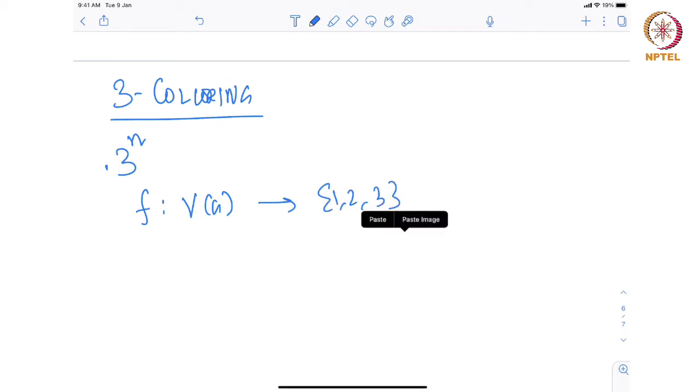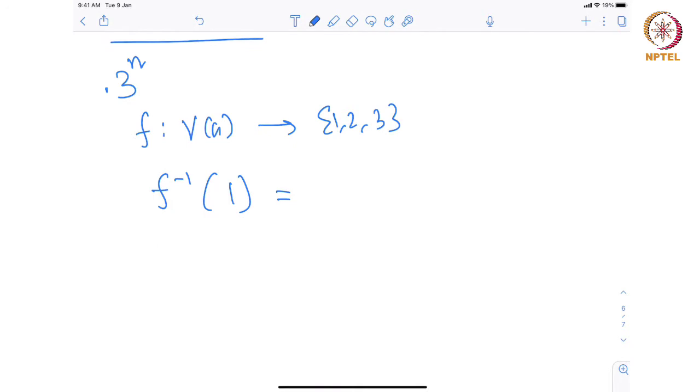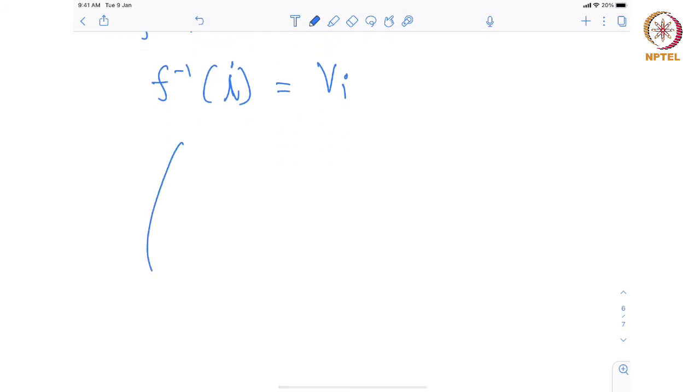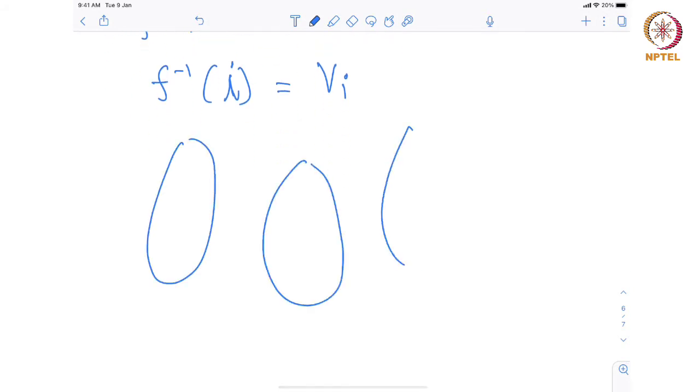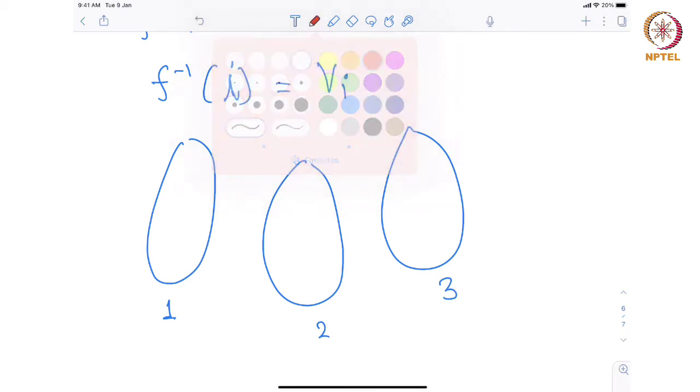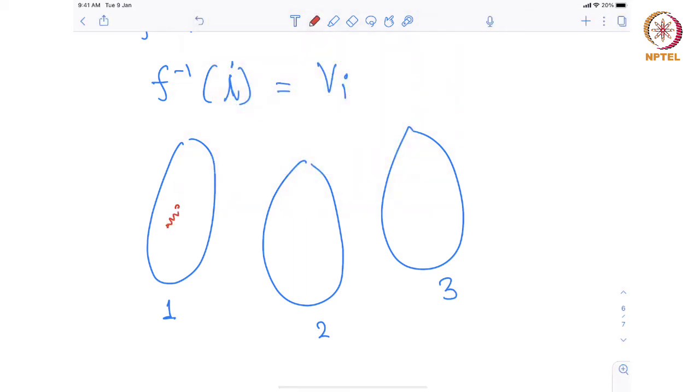Now, notice f inverse of 1, right. Let us call this V1. So let us use Vi. Now look at this graph. All these vertices have been assigned 1, all these vertices have been assigned 2, and these have been assigned 3. Now notice that there are no edges here, right, because otherwise this would be monochromatic.